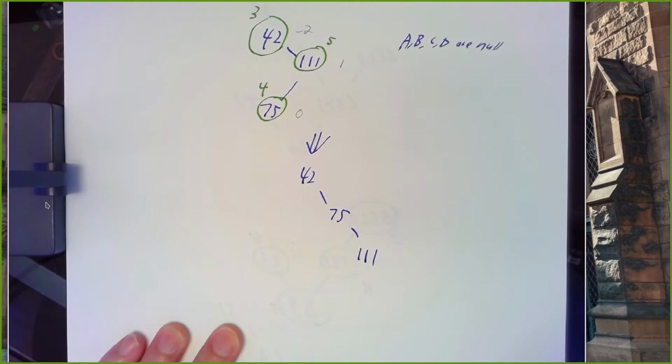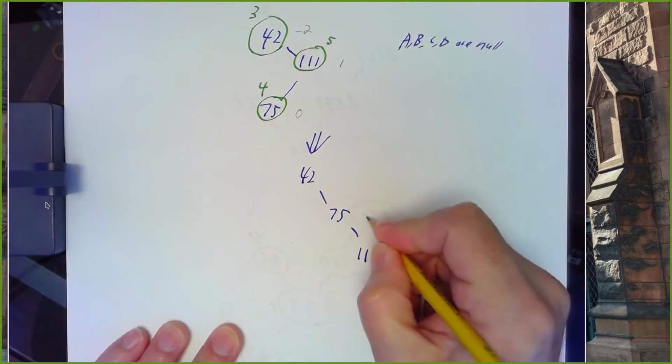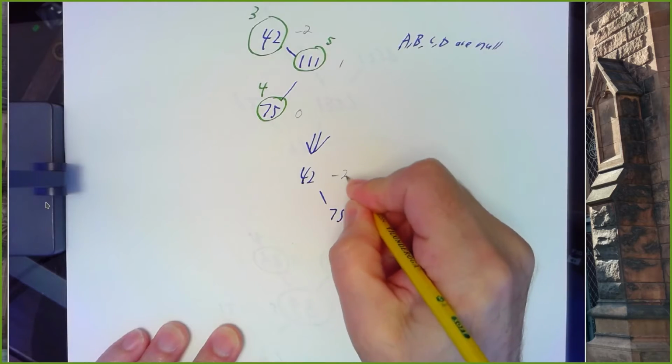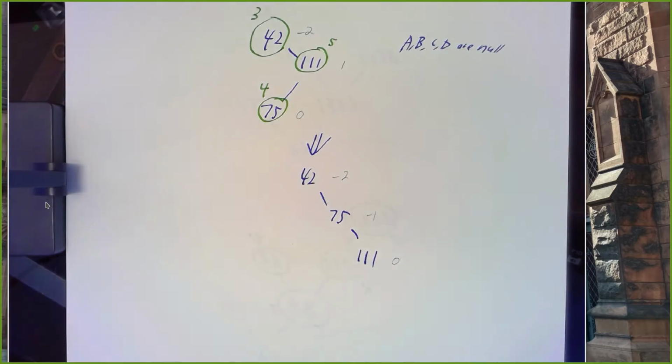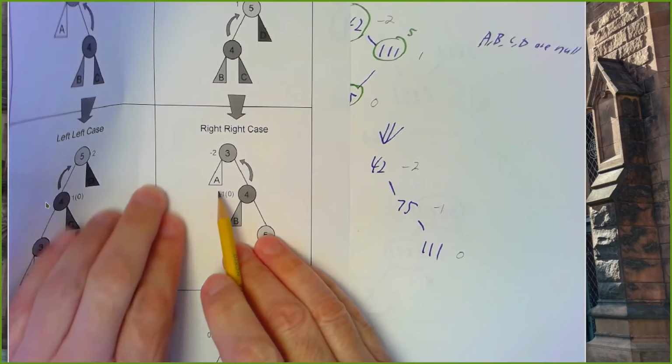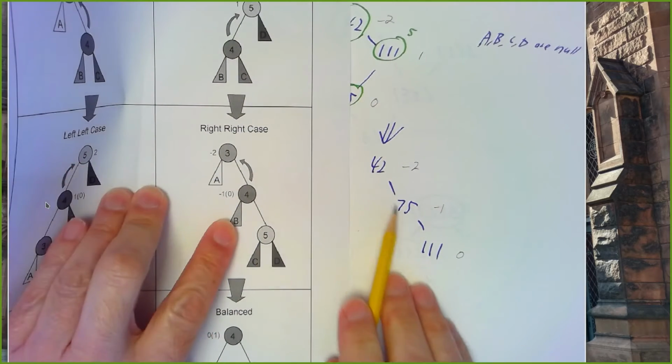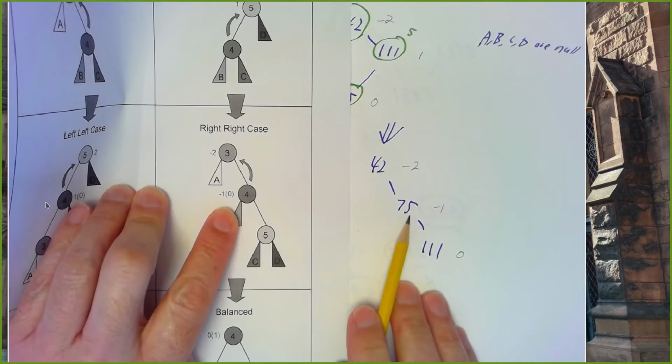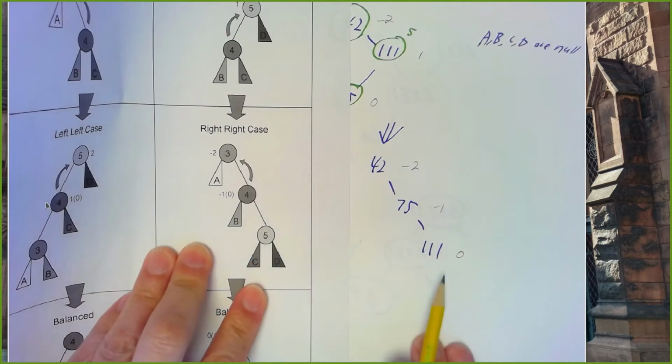And if we look at the balance factors, just for verification, they look like this. And that is the setup for the right-right case. Root has a balance of -2. Its right child is -1 or 0. That's a right-right case.